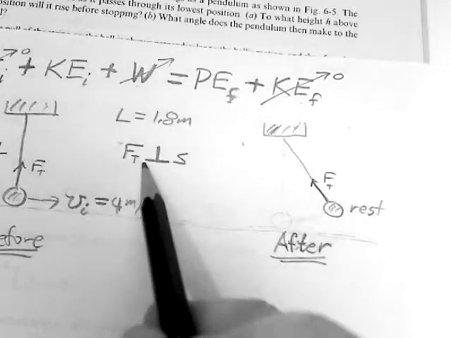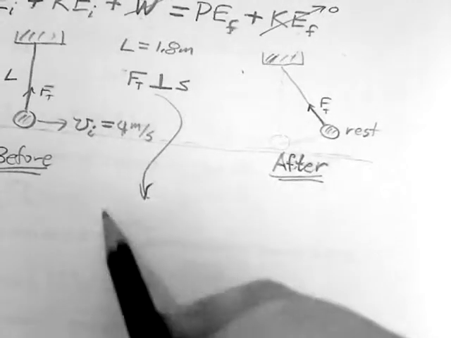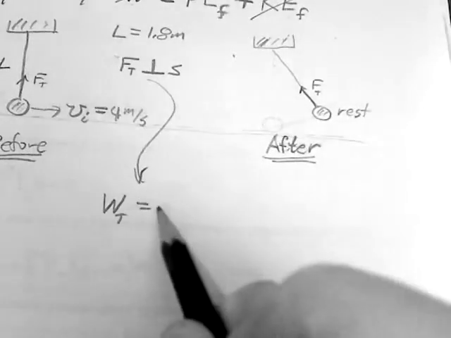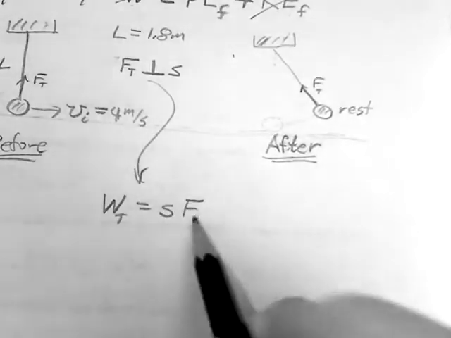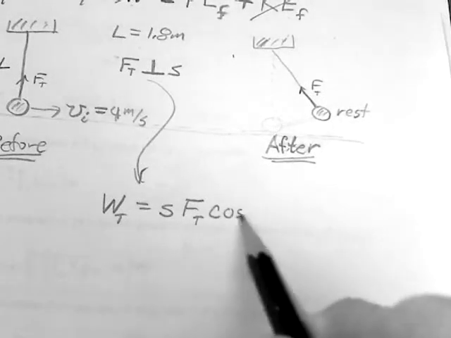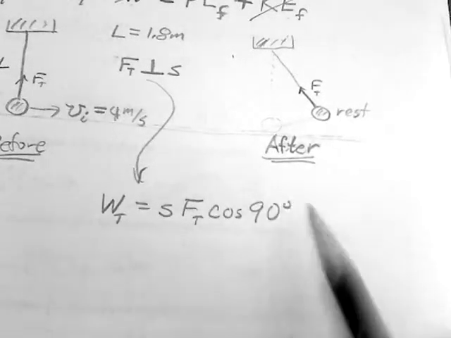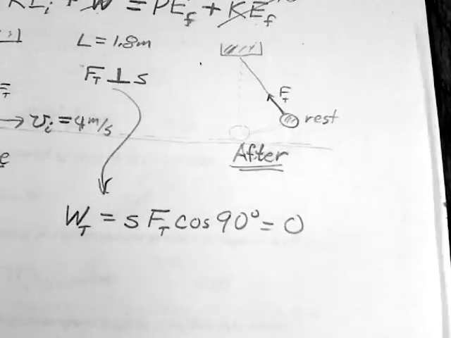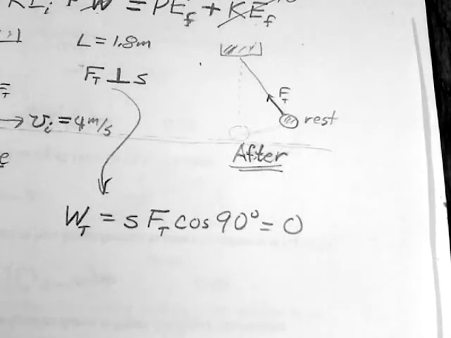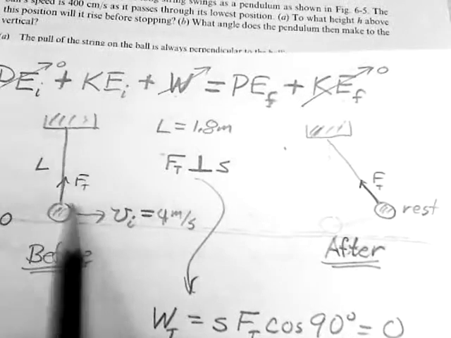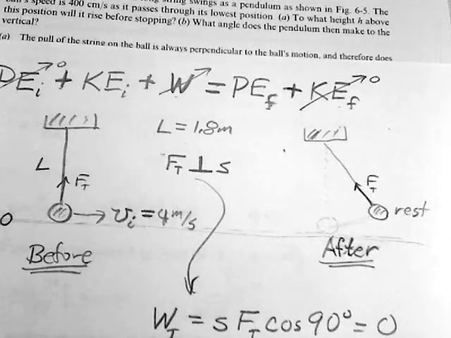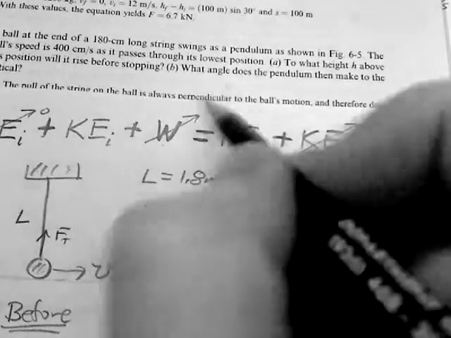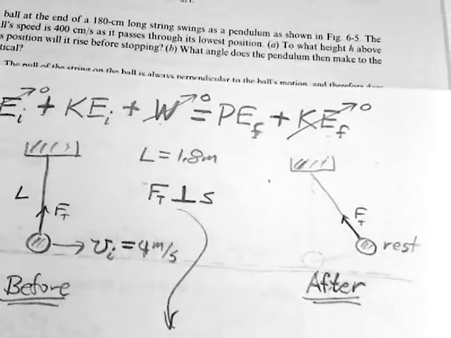That means that the work done by the tension would be the displacement times the tension times the cosine of the angle between them, which would be 90 degrees. And it's this part of it that is equal to 0. Cosine of 90 is 0. So if you think about it, since this force is perpendicular to the displacement, it can't do any work. You have to have force in the direction of the displacement to do work. Alright, so I got a bit long-winded on that, but you got the idea.